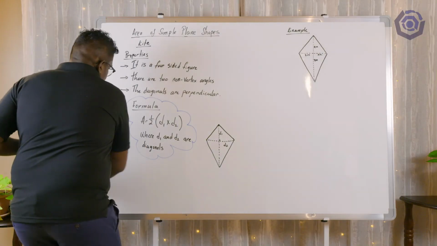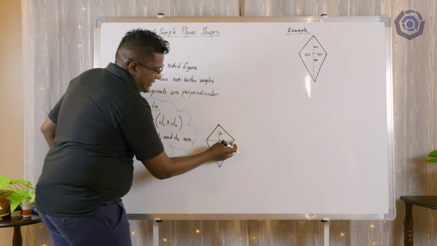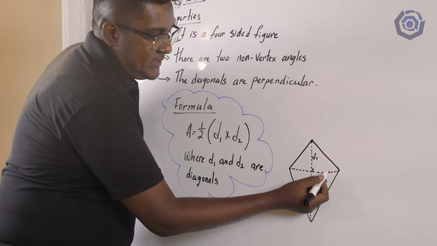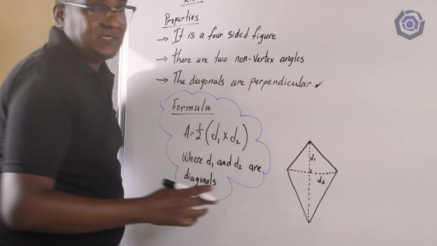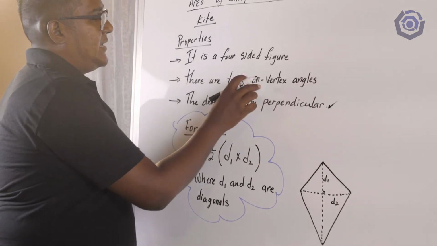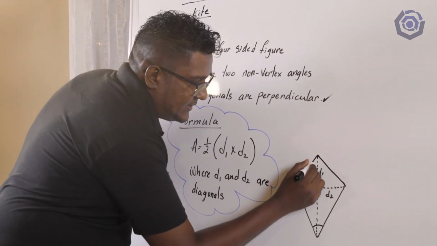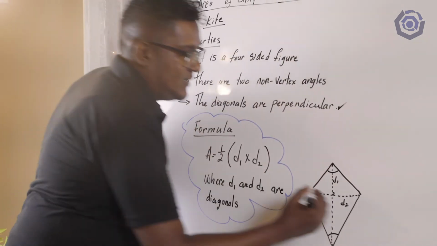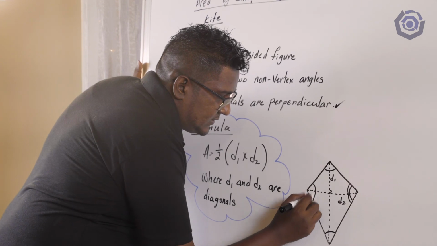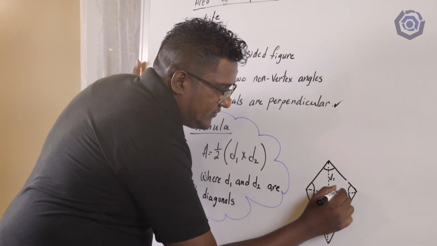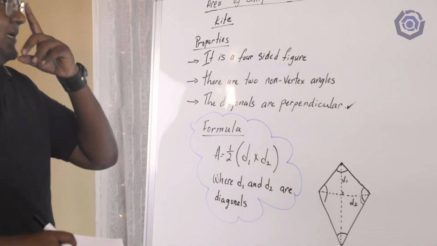Now, if you look here at the kite, this is one diagonal and this is the second diagonal. Where these two diagonals meet, it forms a right angle. That means that they're perpendicular. And there are two non-vertex angles. So let's say we have this angle and this angle as our vertex angles. Then this one and this one becomes our non-vertex angles. So these are some basic properties of a kite.